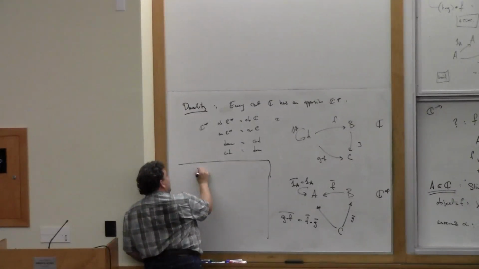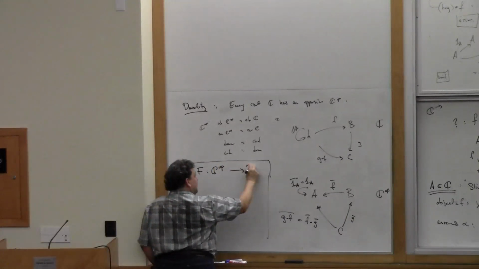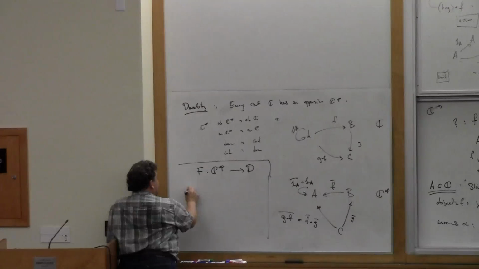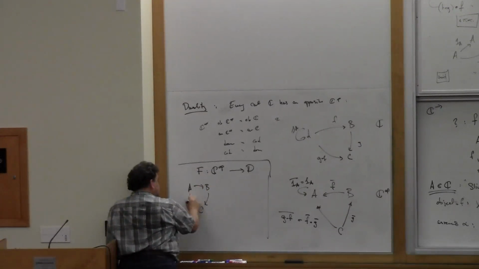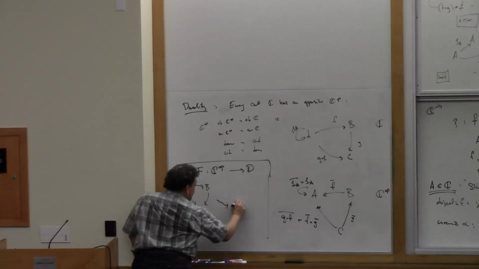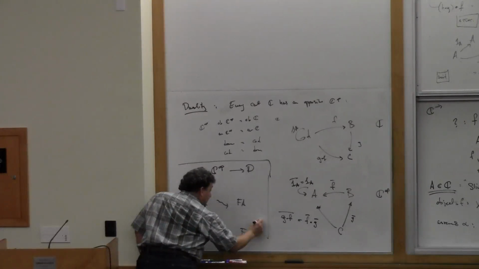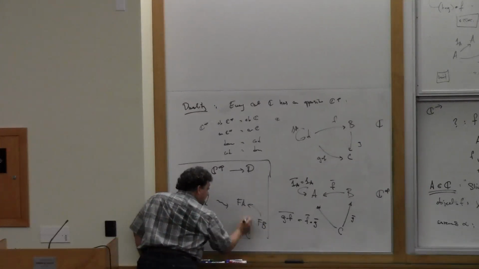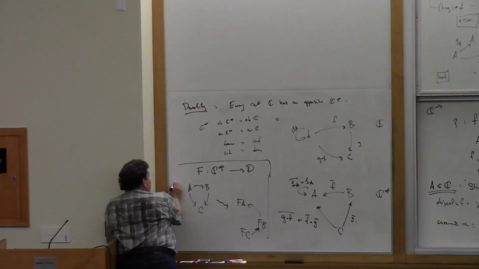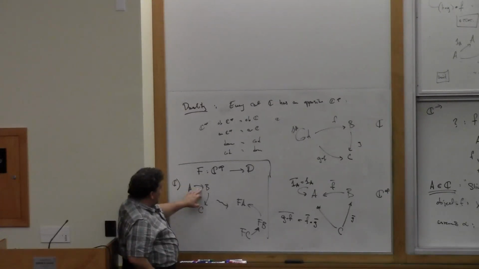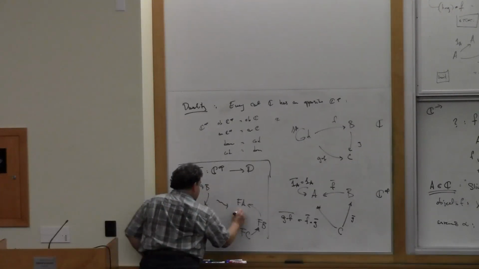A functor F from the opposite of a category C into another category D is something like this. It takes a diagram in C to a diagram in D with the arrows all reversed, right? Because if this is in C, then in C^op the arrows are going the other way, and now I make a functor, and the arrows end up going that way.